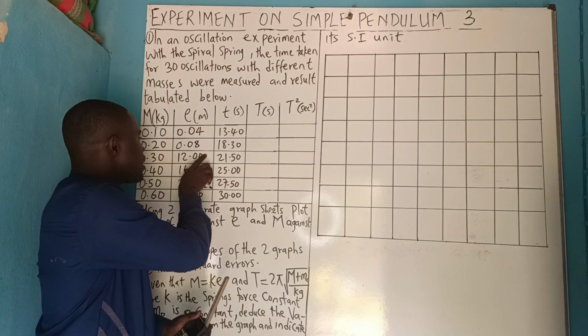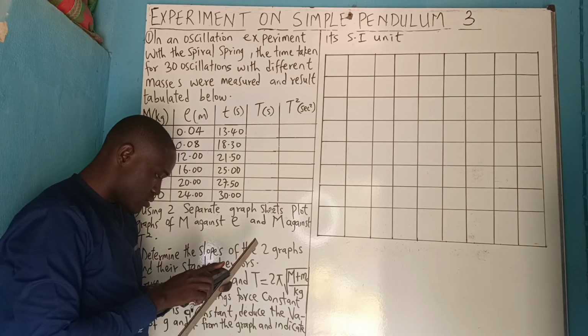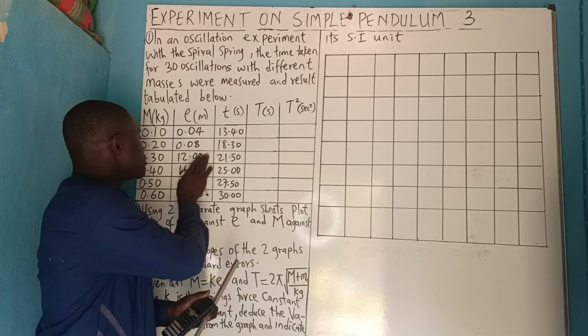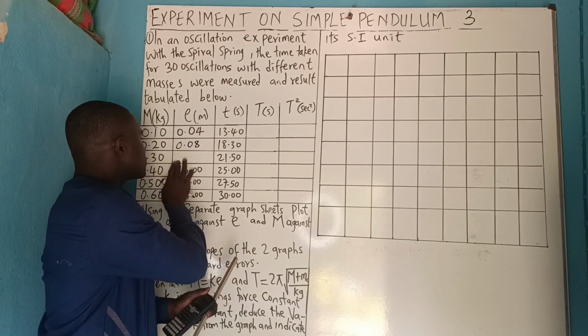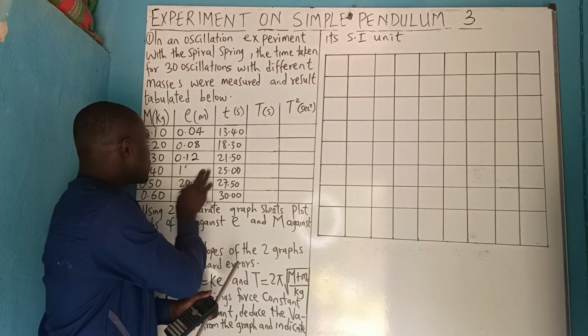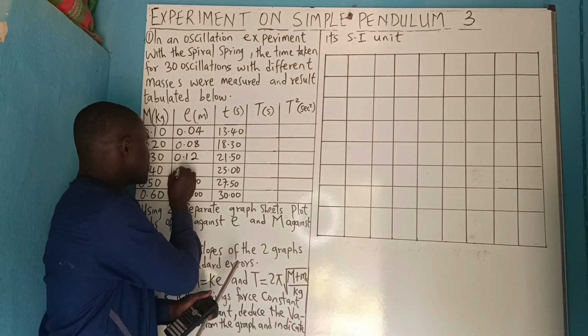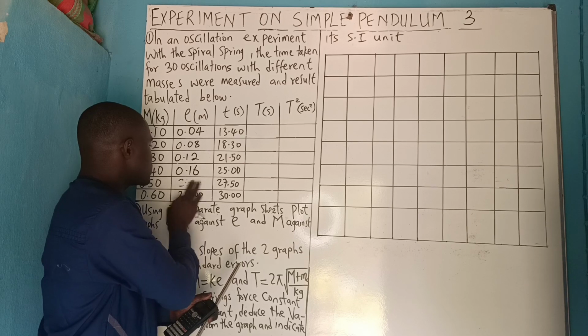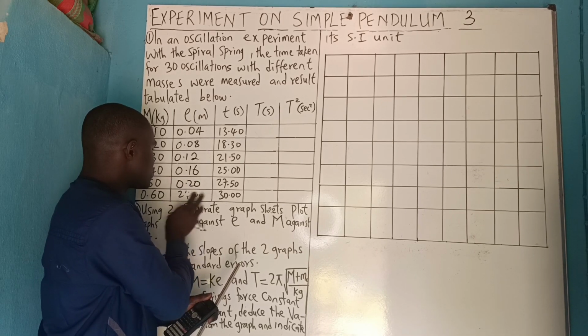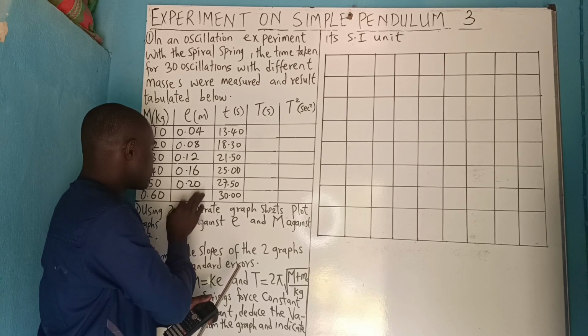Then this one divided by 100, 12 divided by 100, 0.12. Then this one 0.16, this one 0.2, and this one 0.24.